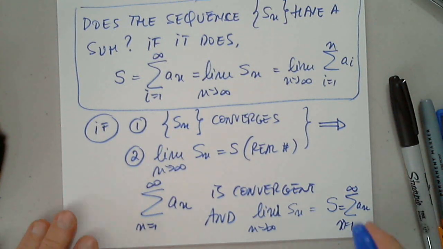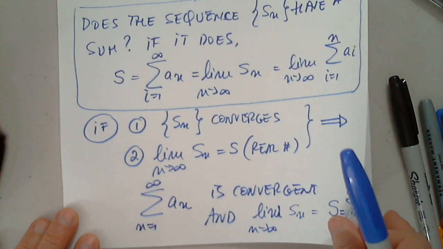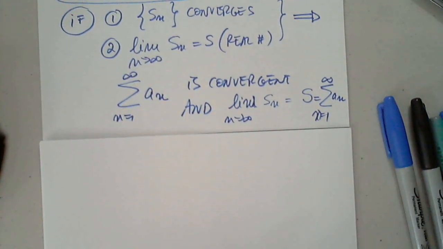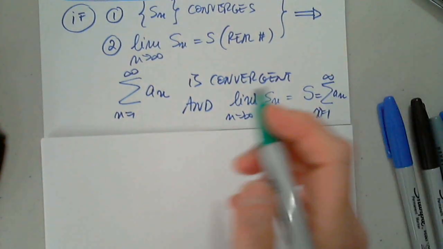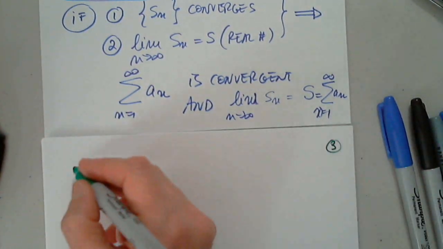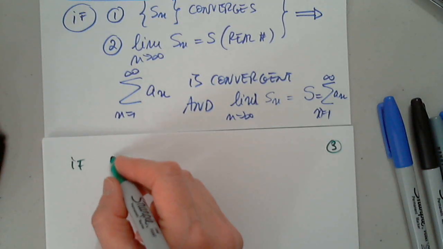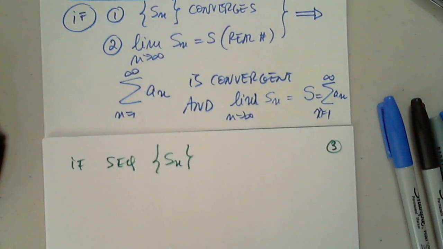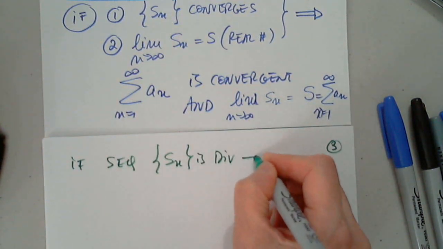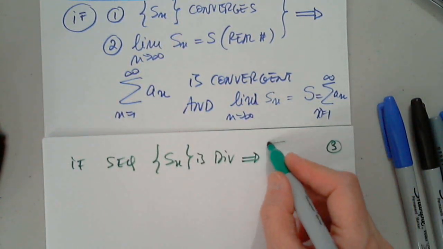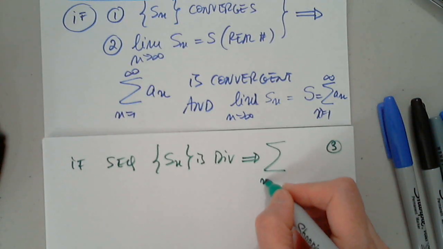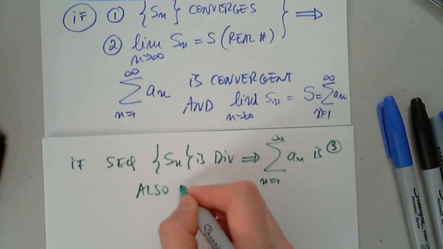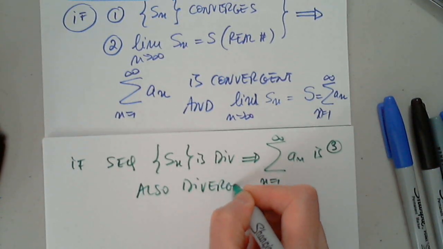Okay, now if the sequence of partial sums is divergent, so is the infinite series; it is also divergent.